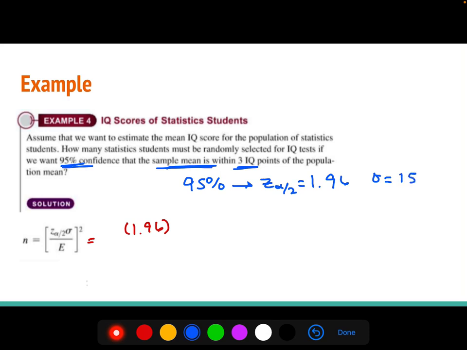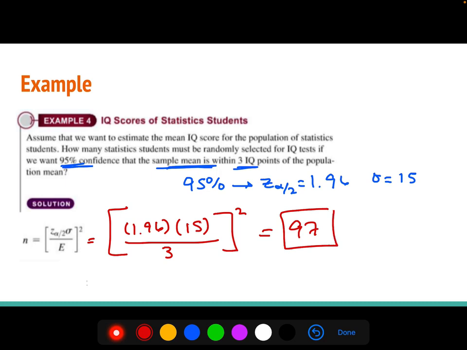That's what I was going to say, 15, because it didn't tell us sigma here. So for IQ, we've used the IQ test problems before. And so I think their mean is 100, and then either side of that, going a standard deviation of 15. That's where I'm getting this 15 from, previous word problems. 3 IQ points on either side, and then squared.